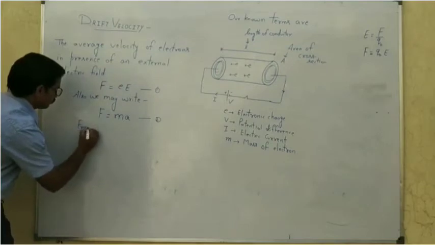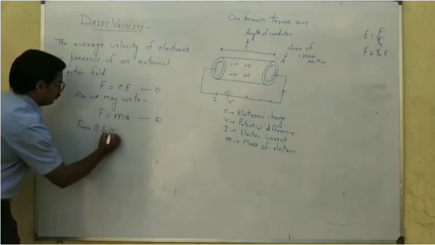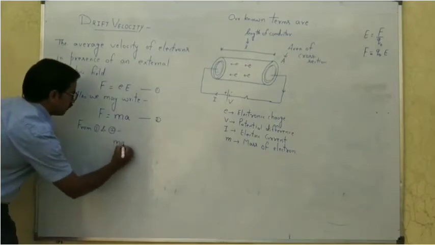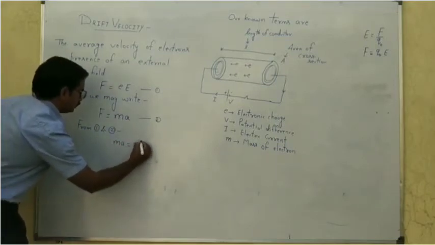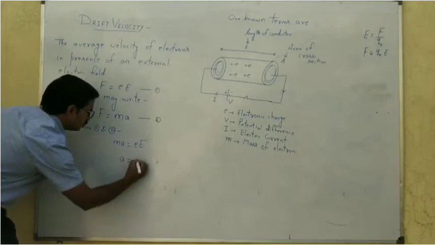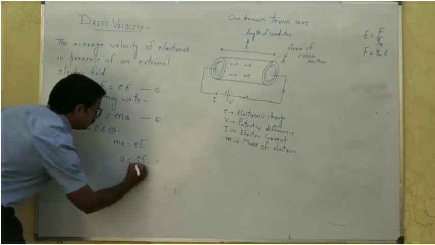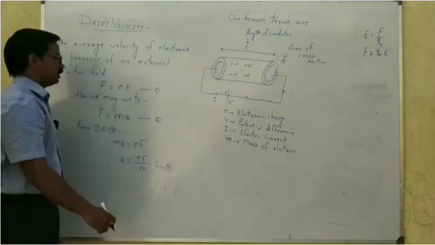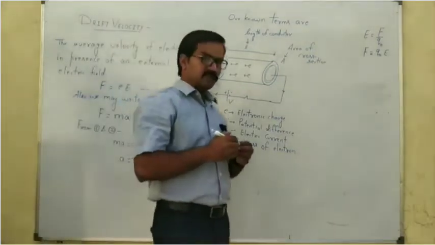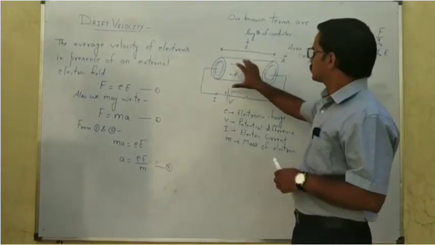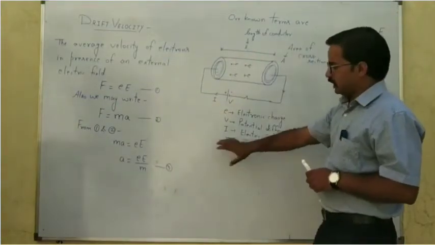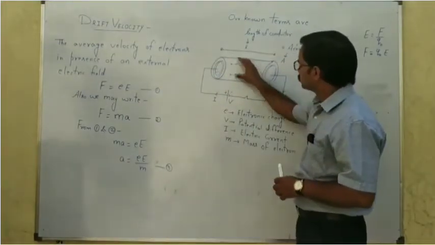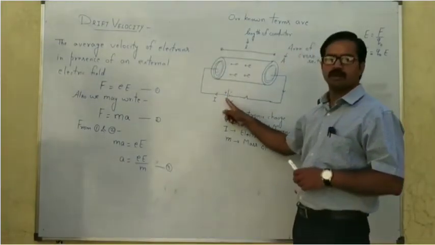From 1 and 2, when we equate these two equations, we get ma is equal to eE, so a is equal to eE divided by m. This is the acceleration received by each and every electron present in this conductor. So by this uniform acceleration, all the electrons are moving towards the positive terminal of the cell.